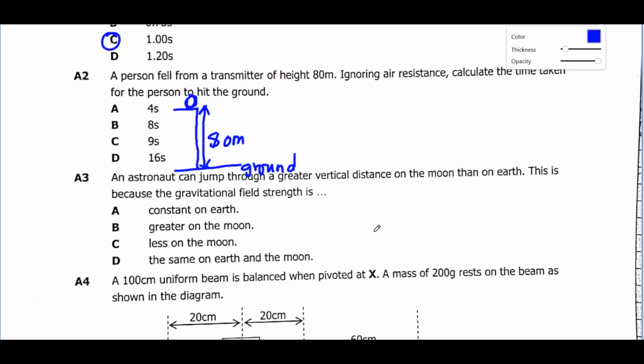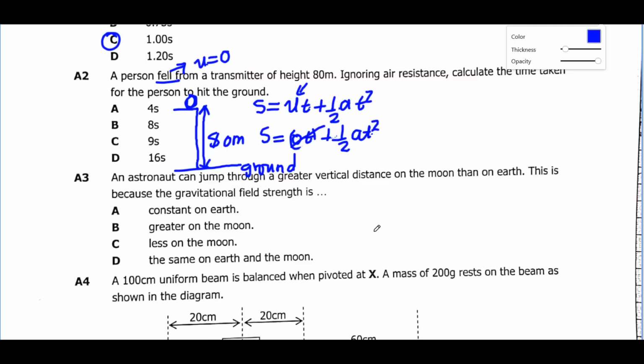From the 4 equations of motion, we are going to use this one. S for displacement or distance is equal to U, the initial velocity, multiplied by T, plus half times A times T squared. As long as the question is fall, the initial velocity is always 0. So if we substitute, U is equal to 0 times T plus half a T squared, so we can cancel this.